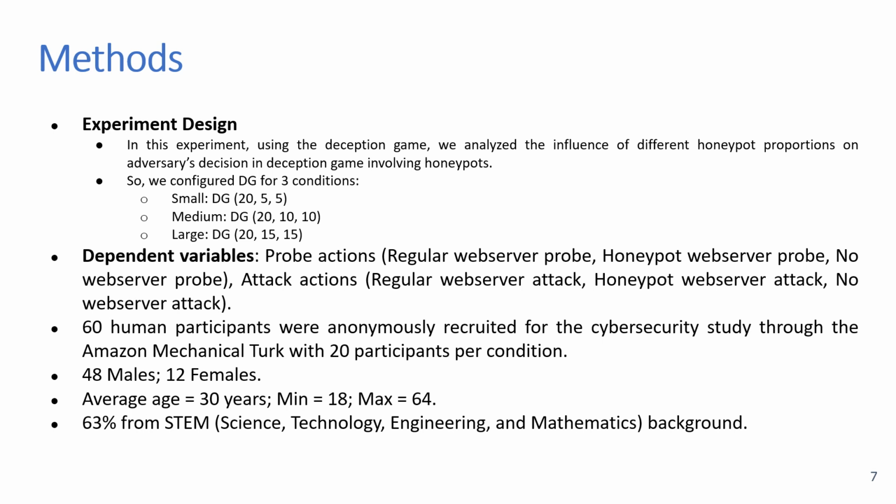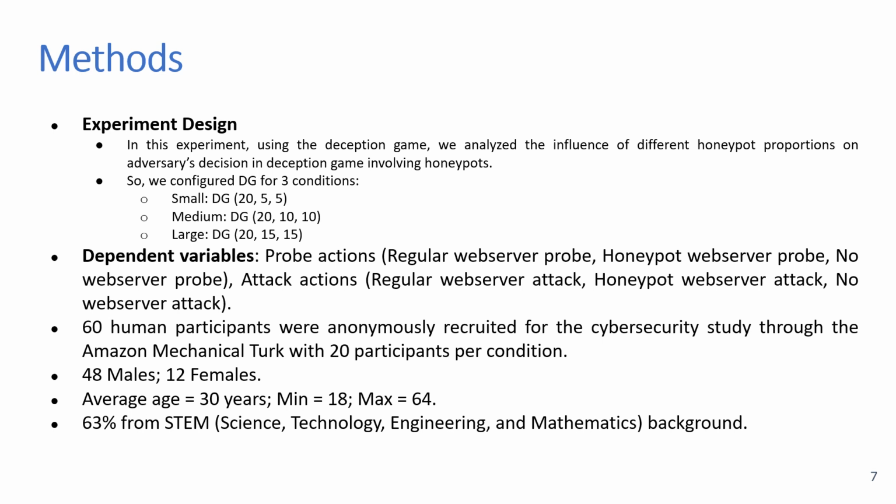And likewise for the large, 20 web servers, 15 honeypots, and 15 probes. For the experiment, the dependent variables were regular probe, honeypot probe, and no probe. Likewise for the attack action: regular attack, honeypot attack, and no attack actions.